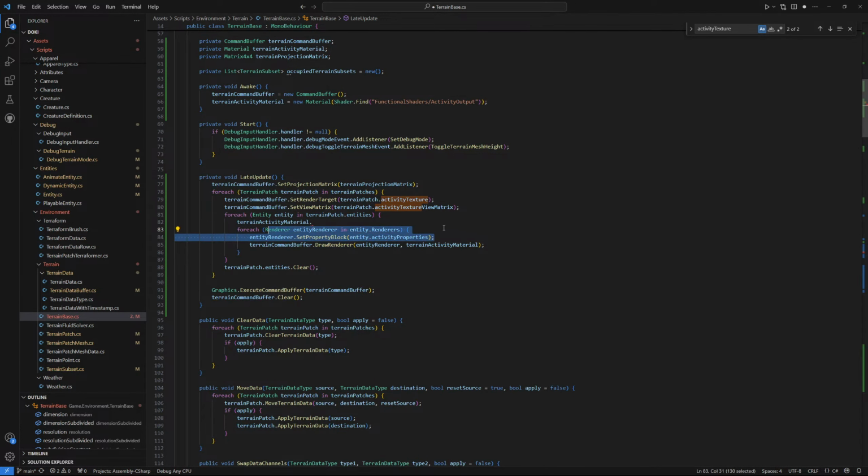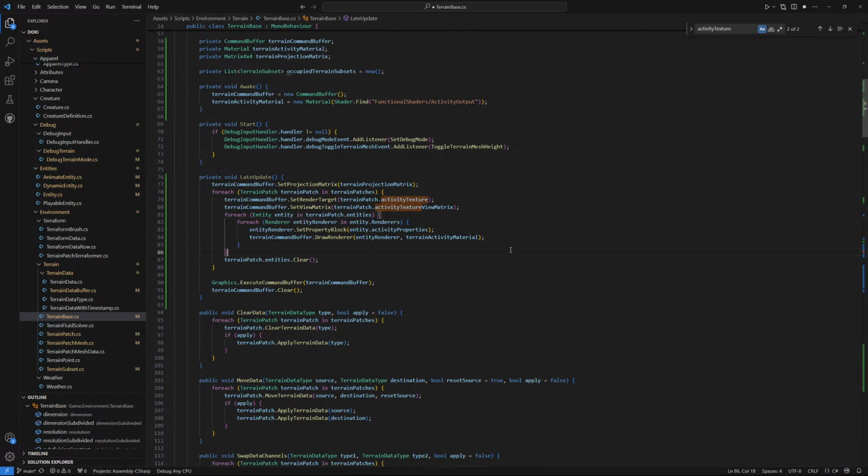I wonder, is this actually how we need to do it? Because that kinda sucks. Entity renderer set property block. For all of these renderers, we want to use the same material and the same velocity variable.